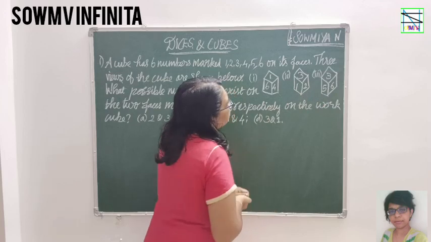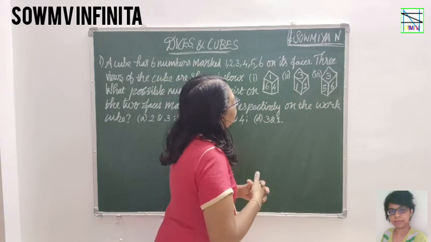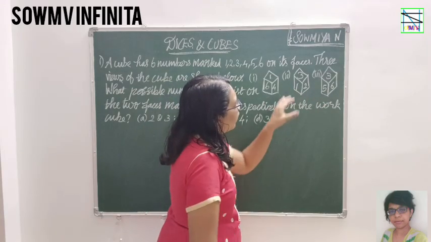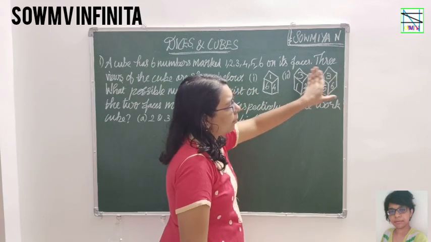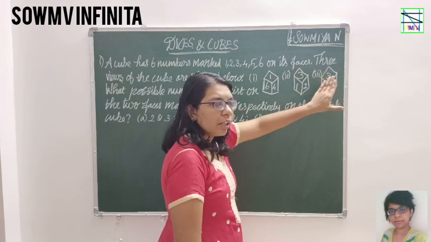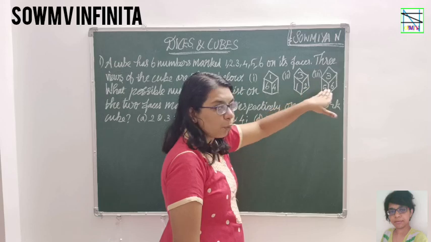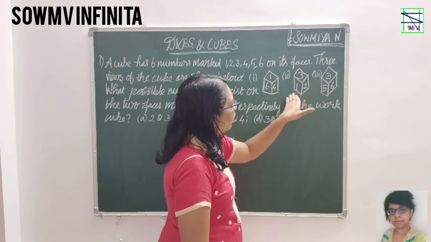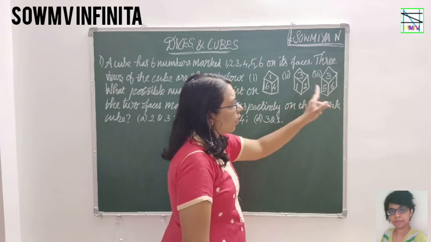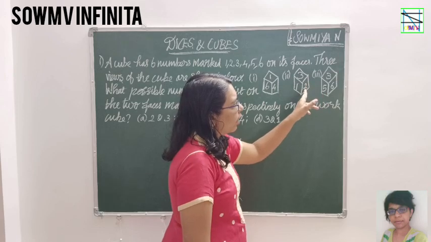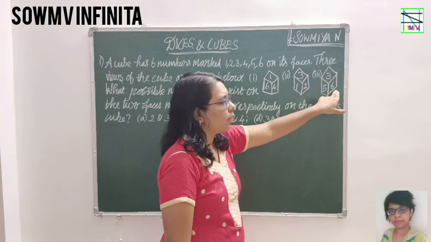And the third one has the same number placed in the same position. So these two numbers are opposite. So 1 is opposite to 5 and 2 is opposite to 6.